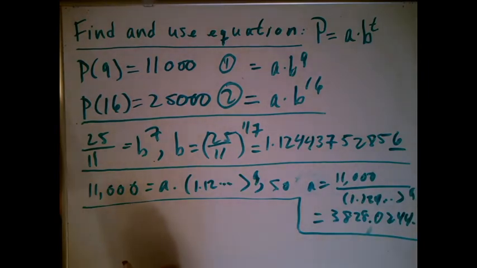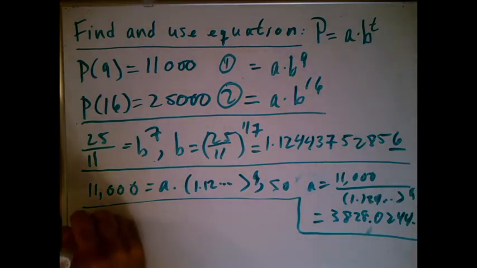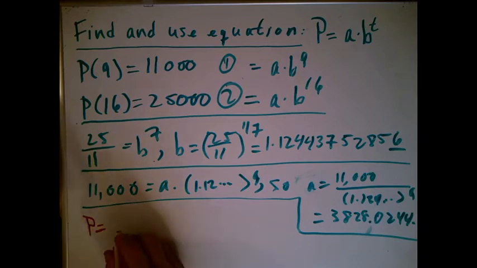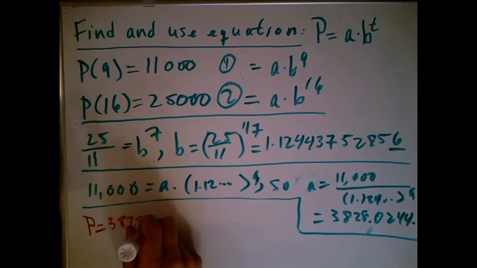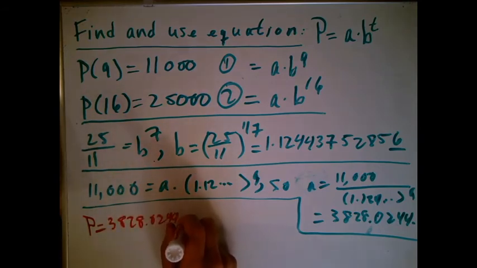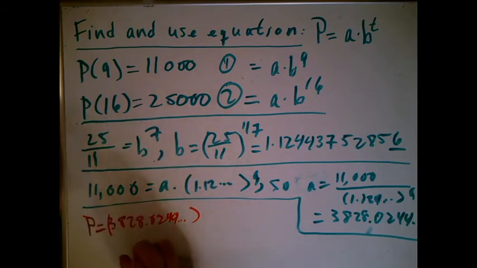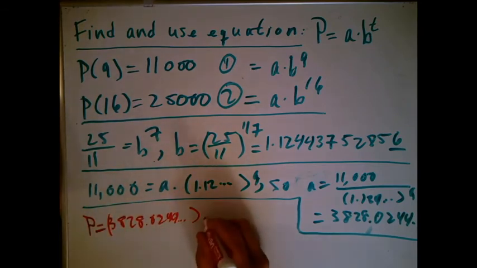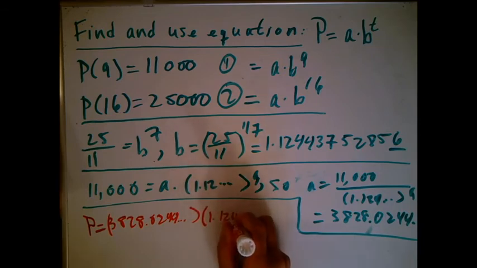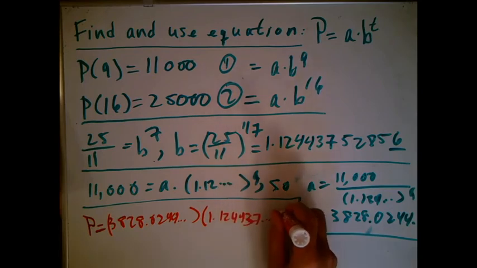So we finally get that P equals 3828.0244, yada, yada, yada, times 1.124437, yada, yada, yada. And I put all those places into my calculator.